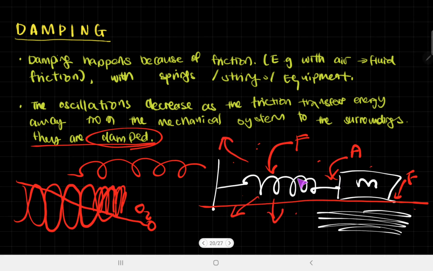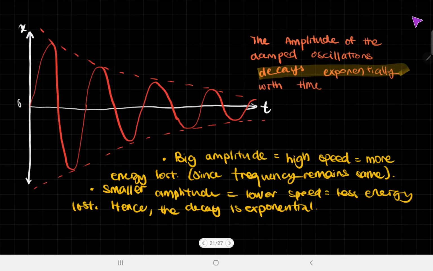It's dissipated out into the environment. And that's the terminology we use when we describe how damping works. It transfers energy from the system to the environment. So I've mentioned previously that the amplitude of the oscillating object is going to decrease.